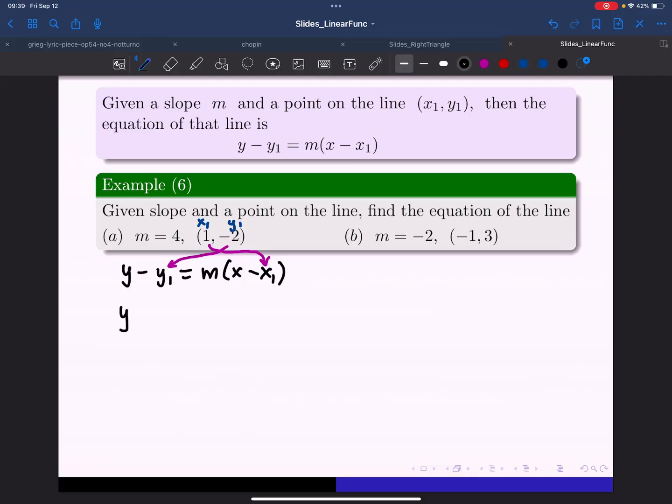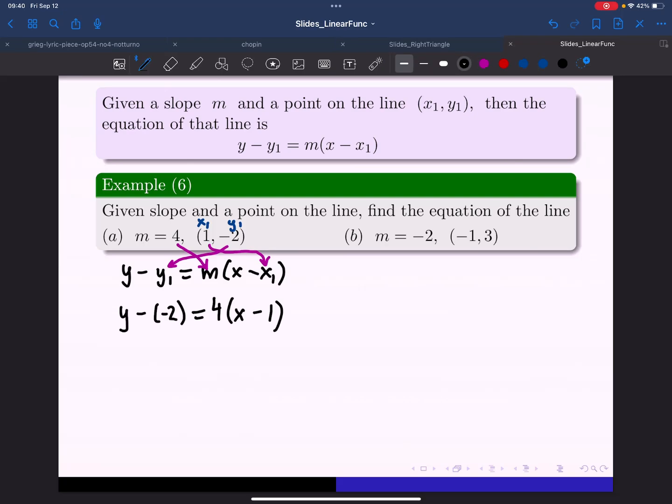We have y minus minus 2 is equal to 4 times x minus 1. One more time: from the formula, y1 is minus 2, m is 4, and x1 is 1.